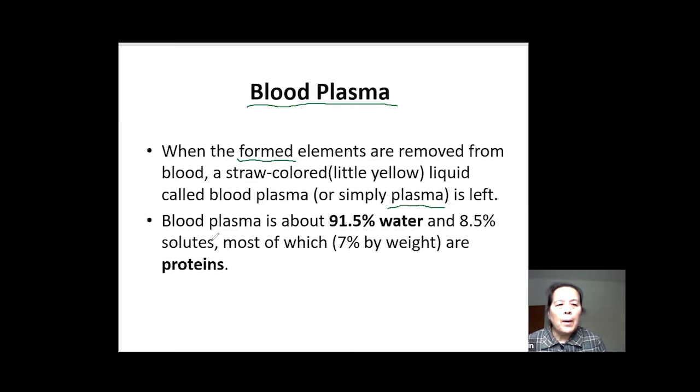In the blood plasma, the main part is water, and certainly we also have other things in there, including protein, which is the main thing.